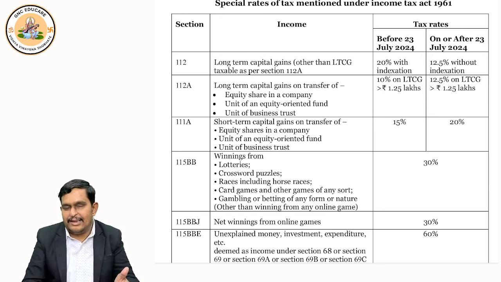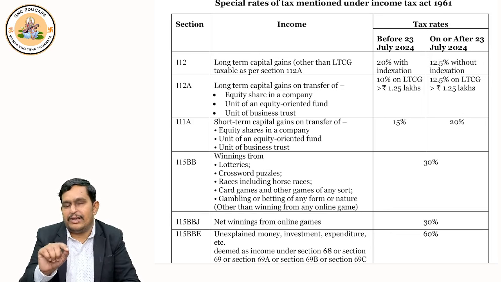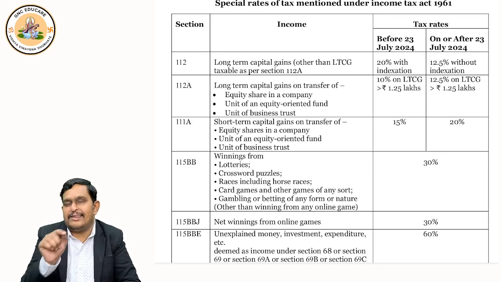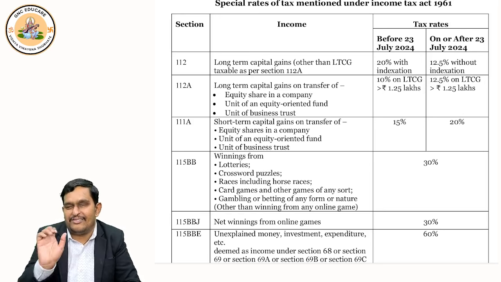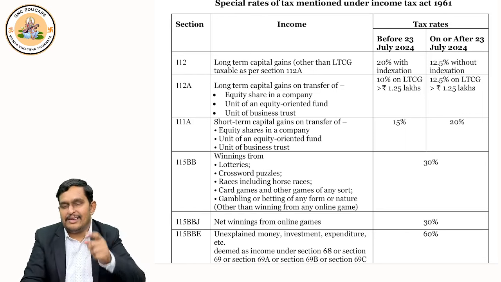Whatever I discussed till now in this video are all brought every year in the Finance Act. So what I am teaching is Finance Act 2024, applicable for assessment year 2025-26 and applicable for CMA exams in the calendar year 2025. So if it is June 2025 exams or December 2025 exams, these rates only will apply.